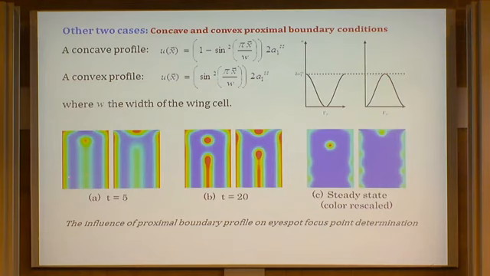In the concave case, eyespot focus points are formed as a steady state. But in the convex case, we couldn't find anything inside the cell. So this is very important: a concave shaped profile produced an eyespot focus point in the wing cell.